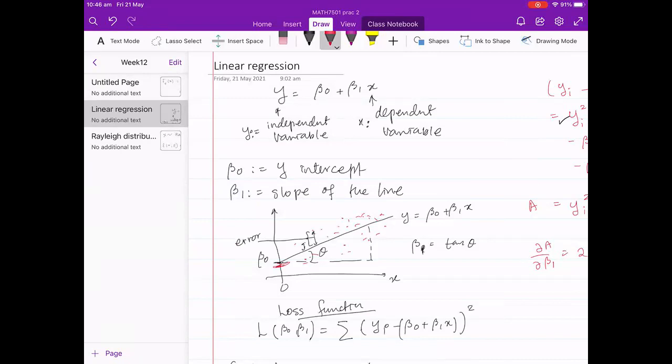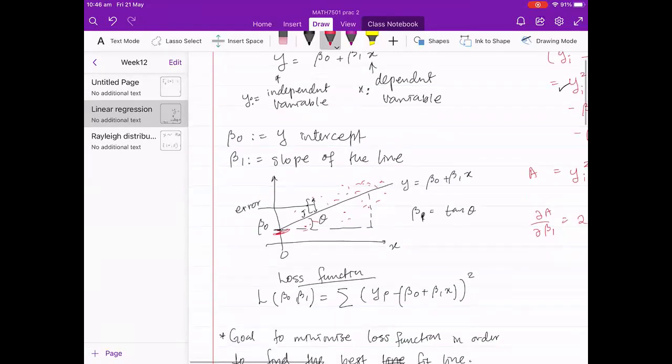So the problem here is, by the way, y is called the independent variable and x is called the dependent variable. Suppose you have some points given and you plot the points, and then you draw a line through them. You see that there are some points above and below the line.